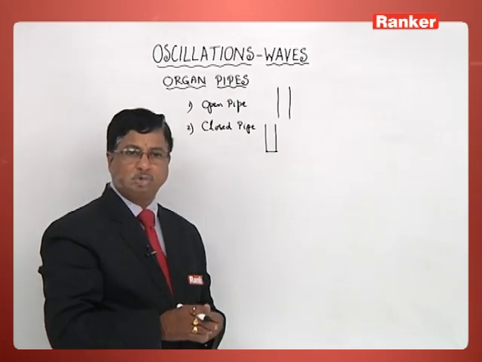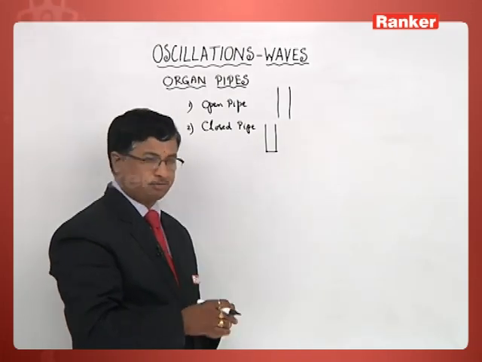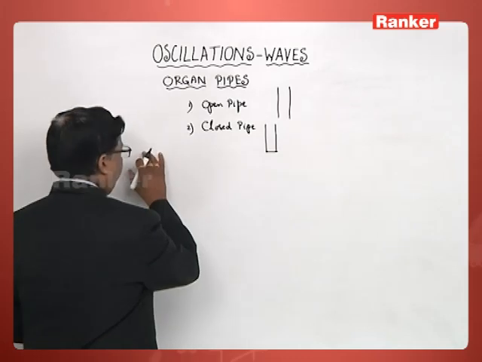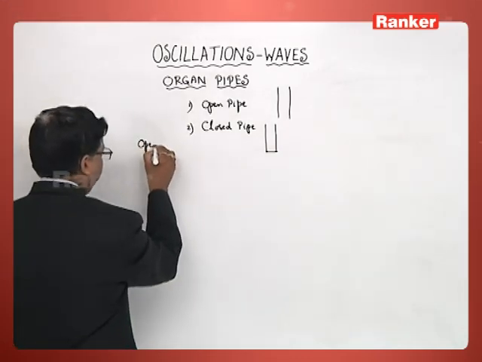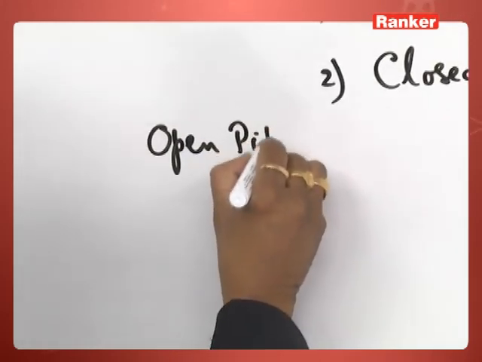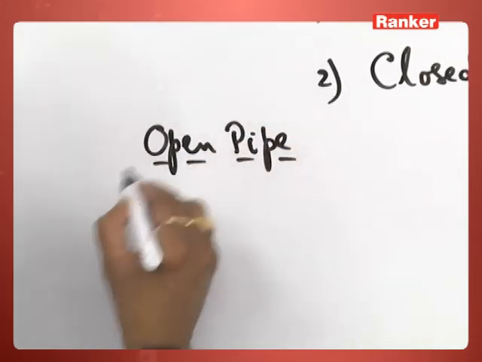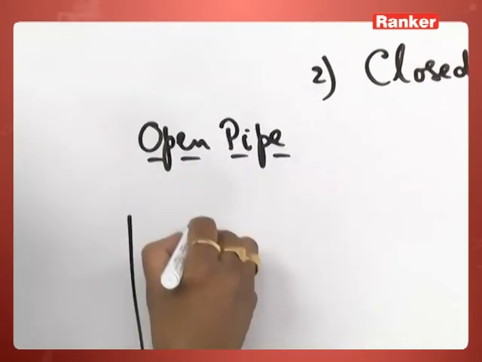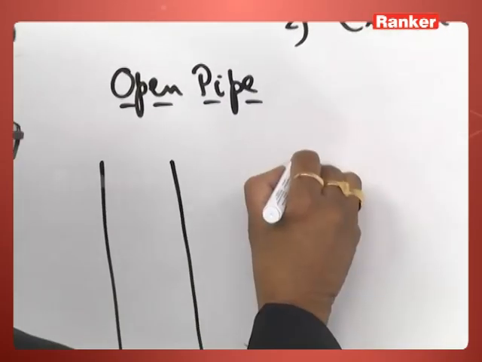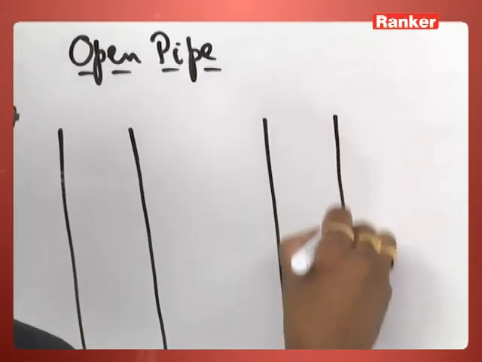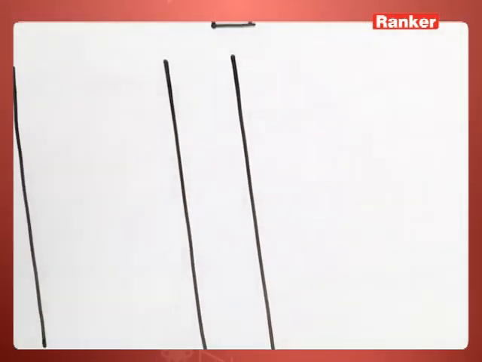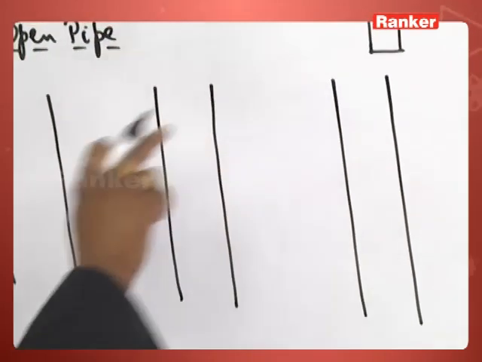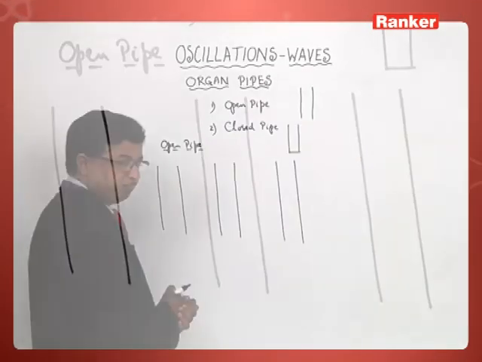Let us start with the open pipe first. When I consider the open pipe and the formation of harmonics, I consider three different cases. The same pipe is considered in all three cases.